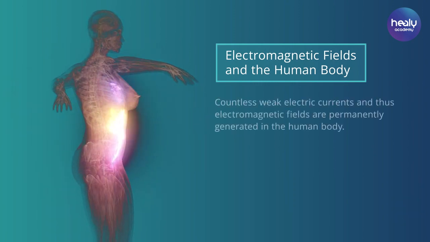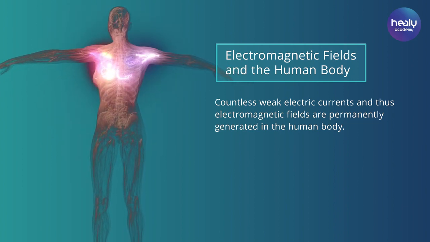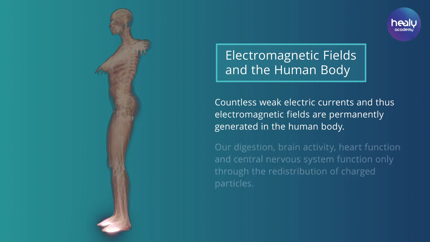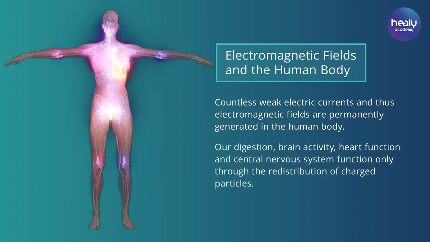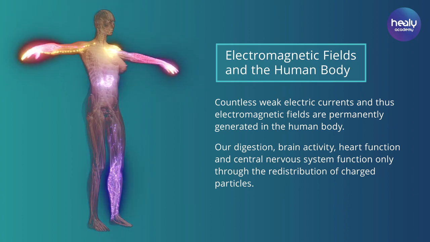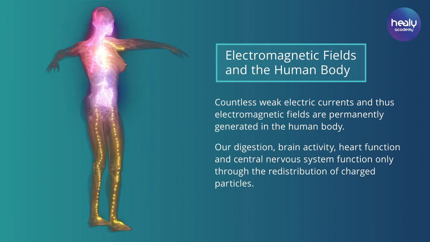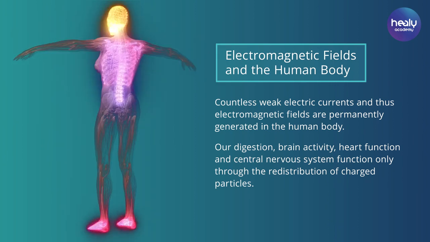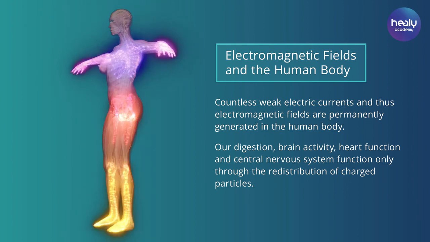The human body continuously generates a large number of electrical currents and thus also electromagnetic fields. Thus, not only well-being and health are based on the constant rearranging, moving, directing, and flowing of ions, molecules, and atoms, but all of our body's vital processes such as digestion, brain activity, heart function, and the central nervous system function only in conjunction with the rearrangement of these charged particles.